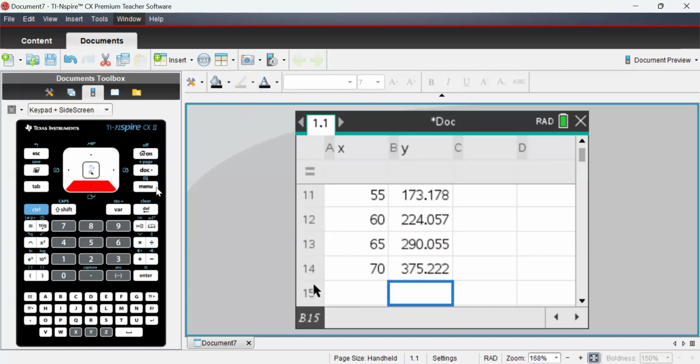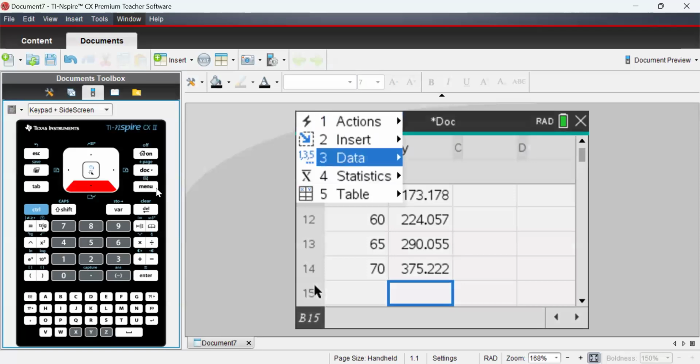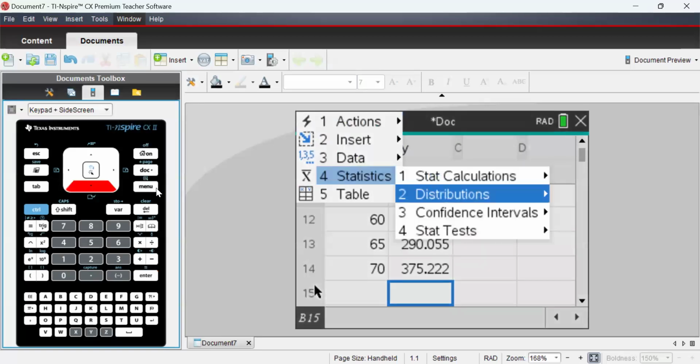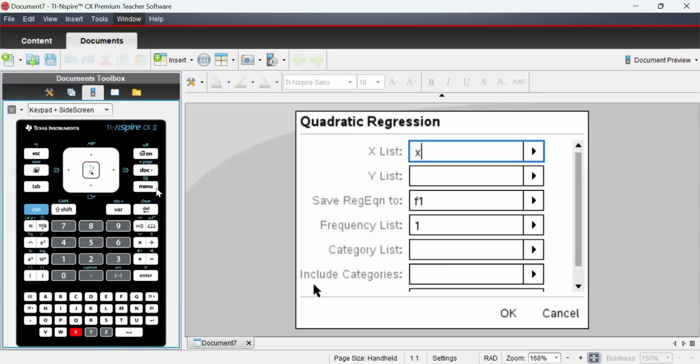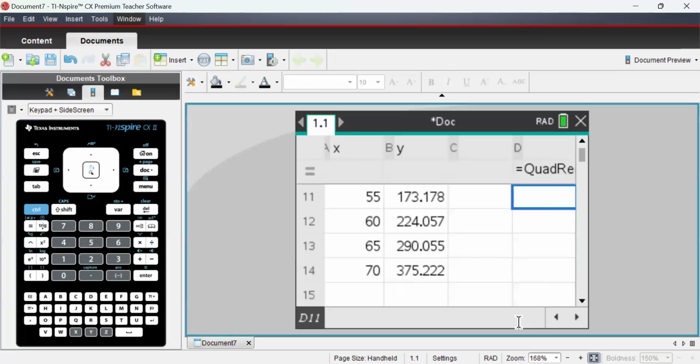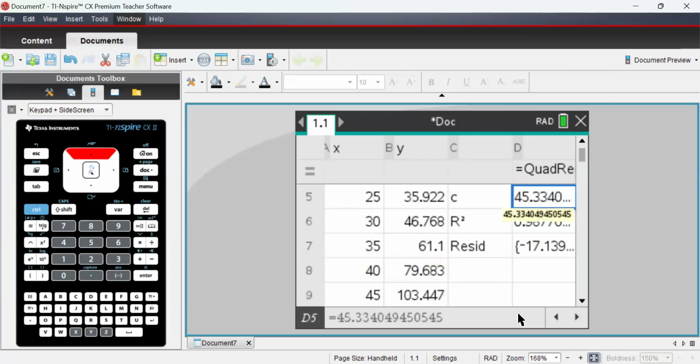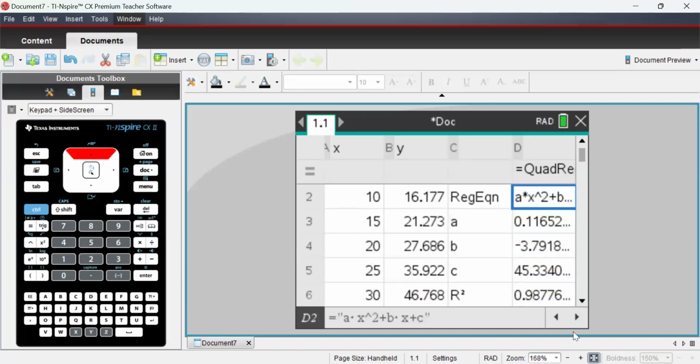So the first one was a quadratic model. Can't see anything. That's because my list was so long. So I need to arrow up. Here we go. And it did say it wanted 3 decimal places.